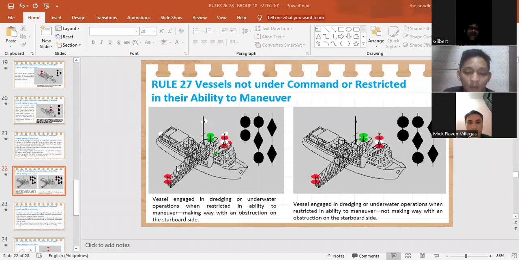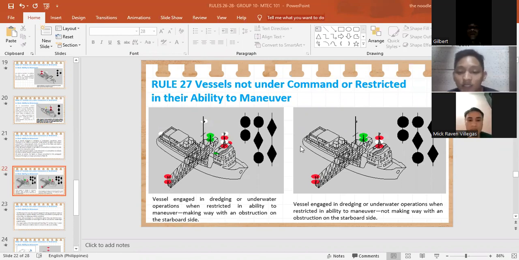This is the tool that we use if we have dredging or underwater operations. That's why if we're working at night, we indicate red lights there so that other vessels could determine it, and it would be visible to them.